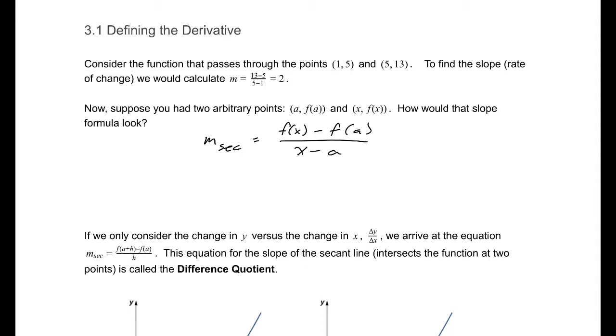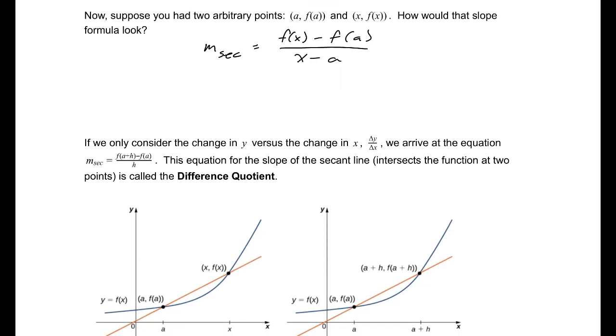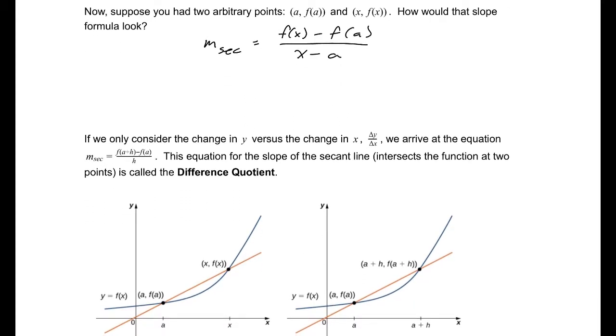Okay, we're going to look at these two graphs here. What if we only considered the change from the point a? If we did that, then we would have a separate formula, and this is really thinking of change in y over change in x. We could think of this as f(a plus h) minus f(a) over h, where h is a small change.